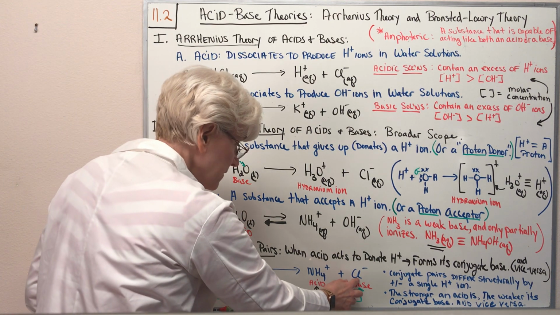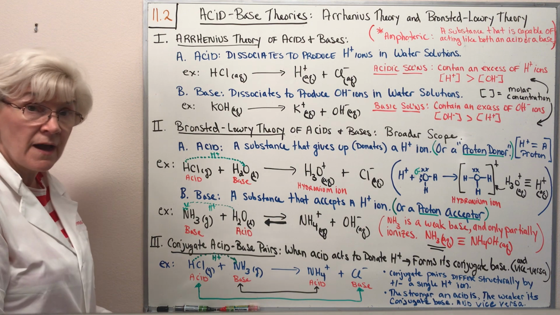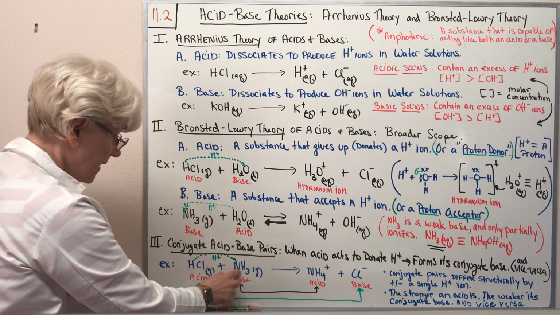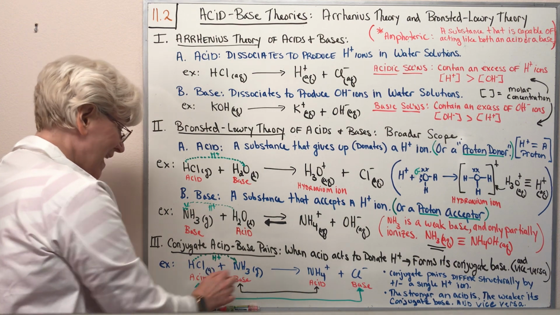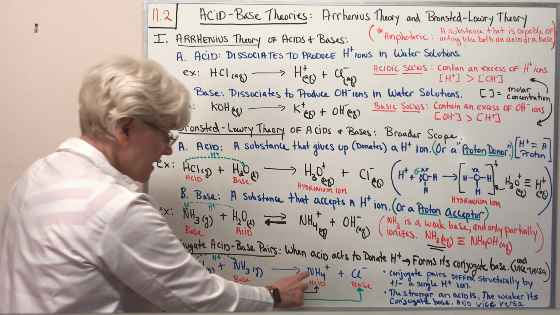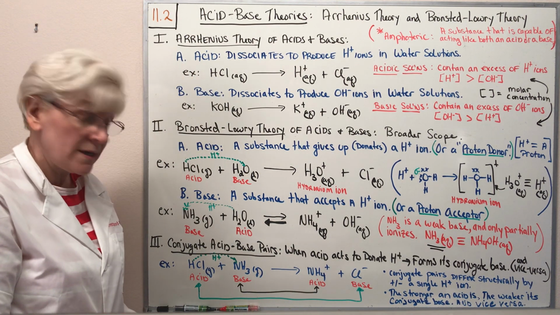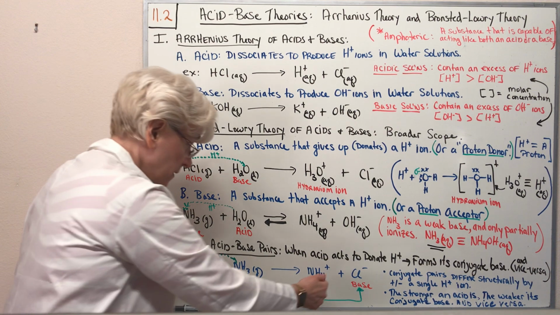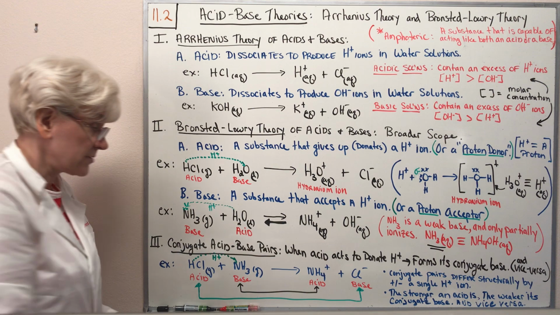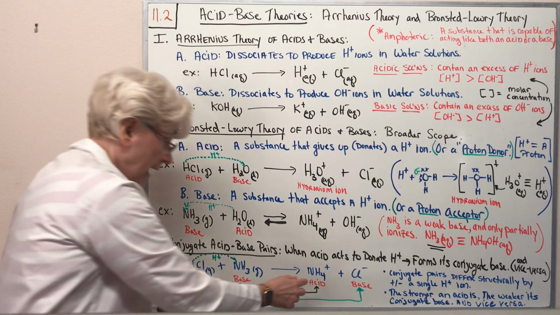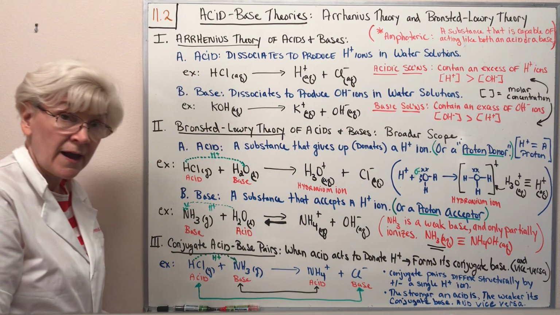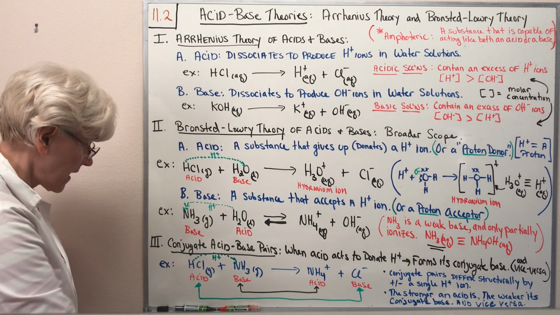So chloride would be the conjugate base of the acid hydrogen chloride. Likewise, ammonia is acting like the base, accepting the hydrogen ion from hydrogen chloride. When it does that, it produces the ammonium ion, which, if this reaction went in the reverse direction, would be giving up a hydrogen ion to chloride, acting like an acid.